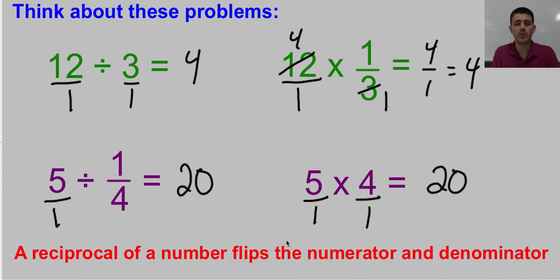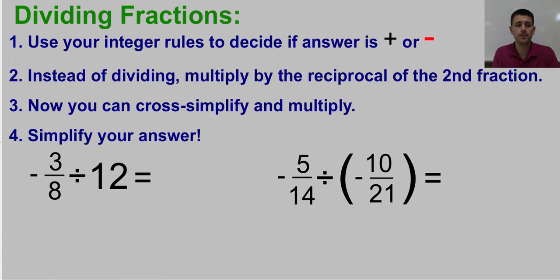A reciprocal of a number flips the numerator and the denominator. So instead of dividing by 1/4, I got the exact same thing by multiplying by 4 over 1. Same thing here. Instead of dividing by 3 over 1, I flip the fraction, find its reciprocal, 1 over 3, and multiply by it instead. So instead of dividing by a fraction, we're going to multiply times its reciprocal. It gets us the same thing, and we already know how to multiply.